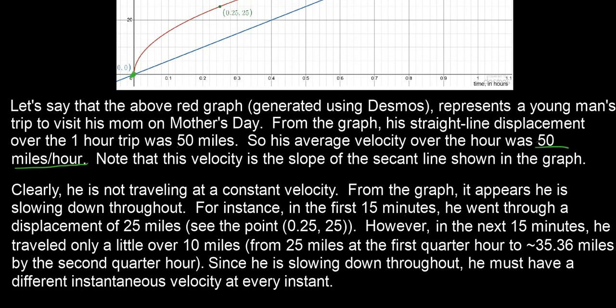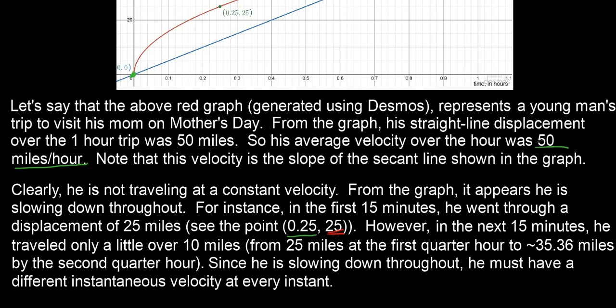For example, if we look at the first 15 minutes, in other words, when t goes from 0 to 0.25, he's gone 25 miles. But in the next 15 minutes, in other words, when t goes from 0.25 to 0.5, he's only traveled a little more than 10 miles.